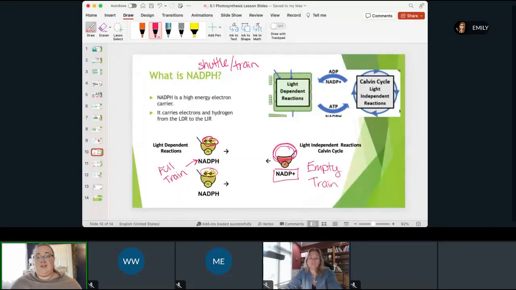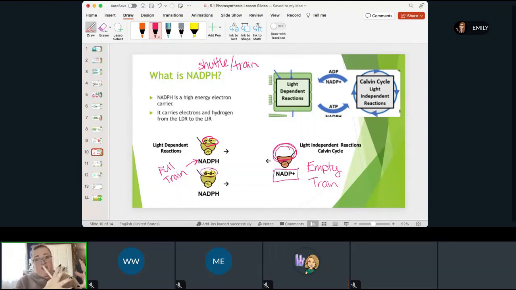Okay. So I know NADPH, NADP plus, they sound really scary. There's a lot of letters, but it's just a train. So it's going to pick up electrons from the light dependent reaction. It's going to shuttle them over and drop them off in the light independent reaction.